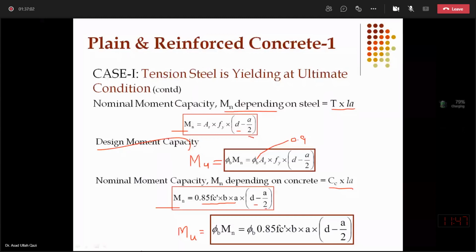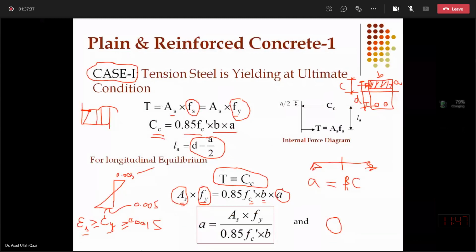I mentioned in my introduction lecture that we will have two kinds of assignments. One is in which we will be required to find the capacity of a section, the other is we will be asked to design for a given capacity. So when we are given the cross section and asked to provide the capacity of the section, then we need to follow these steps. First, we will write the equilibrium equation.